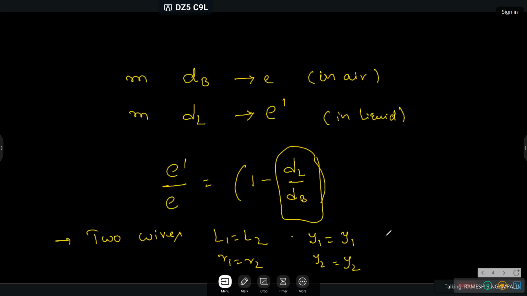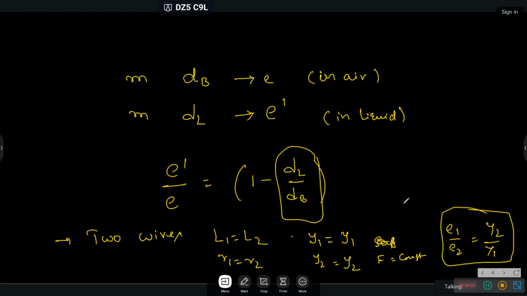Then the ratio e1 by e2 is equal to y2 by y1.